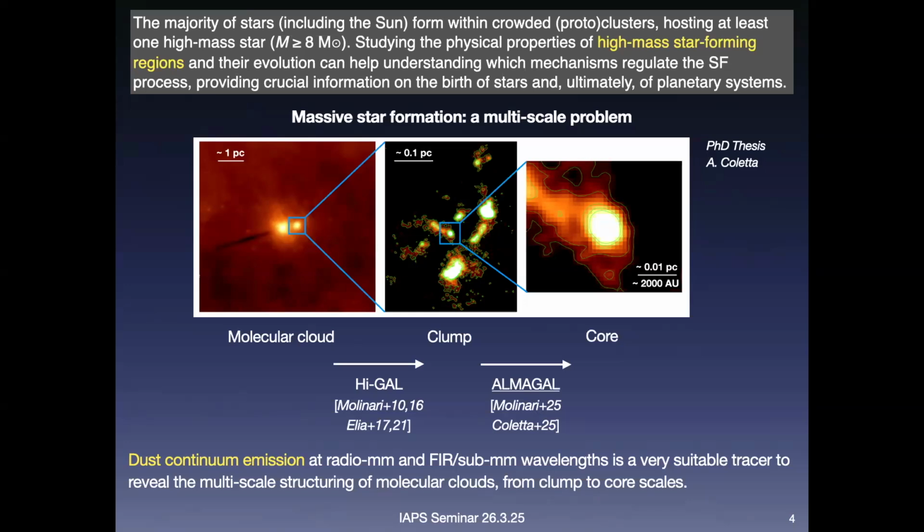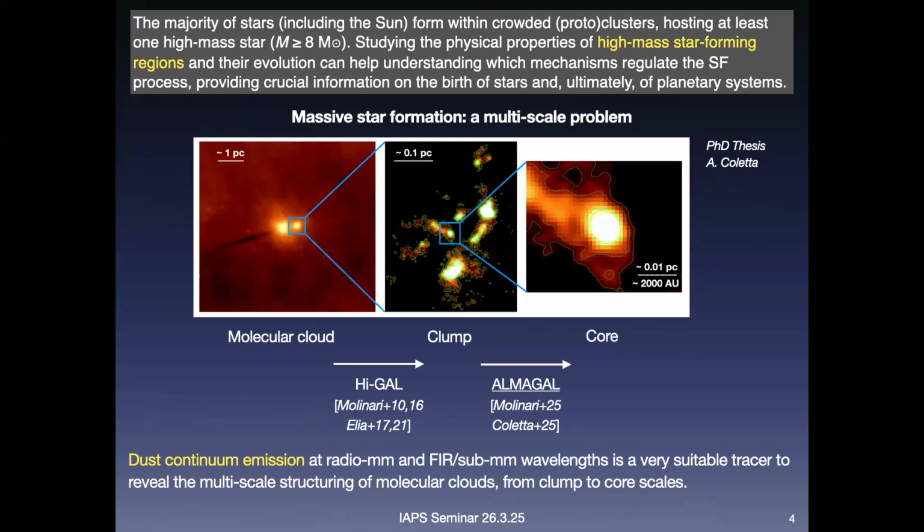Observationally, probably the most suitable tracer to study this hierarchic structuring of the molecular cloud, and especially to go from clumps to core scales, is the dust continuum emission, typically at millimeter and sub-millimeter frequencies. And this is what was done and is being done by the two main programs that were developed in this group in the past years.